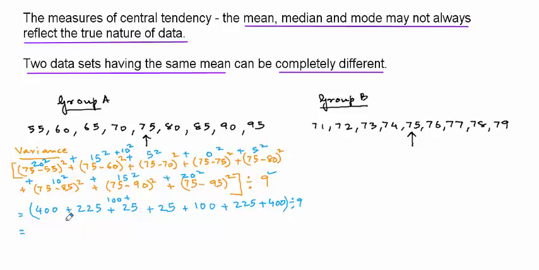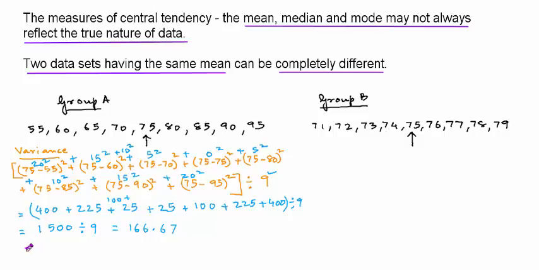And that is equal to, if you add them up, you get 1500 divided by 9, which is equal to 166.67 rounded to the nearest hundredth.